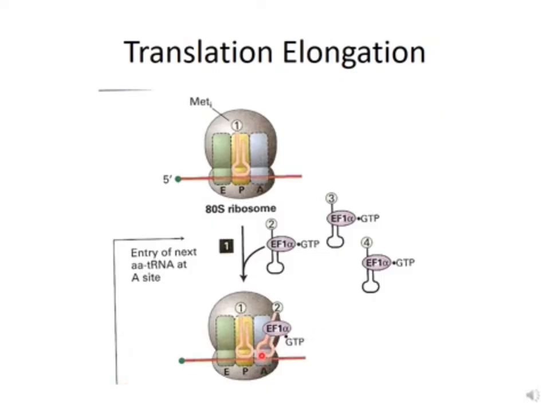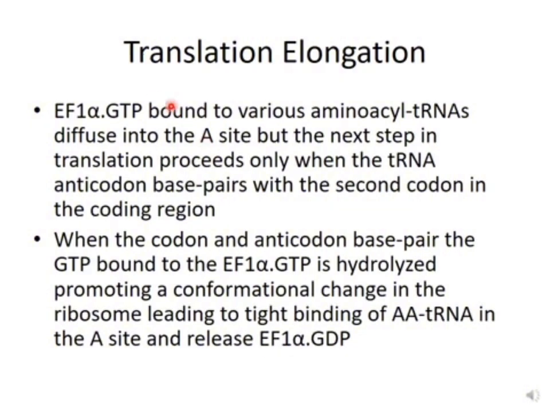If the codon on the mRNA does not match the anticodon from the incoming tRNA, then the tRNA diffuses away and another one would come to its location until we have a match between the codon and the anticodon at the A site. So since tRNAs incoming to the A site are GTP bound, they are going to diffuse into the A site, and the next step only happens if there is base pairing between the codon and the anticodon.